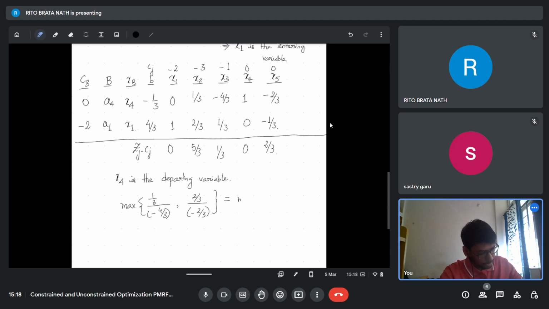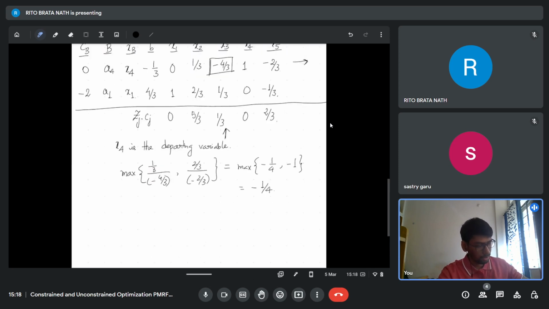And if you do that, you will get max of minus 1/4, comma, minus 1, so that should be minus 1/4. So it will be corresponding to this element, right? And this one is your leaving one. And that means this becomes your pivot.